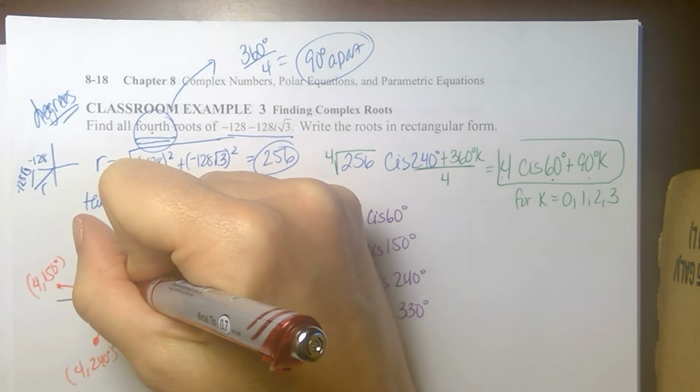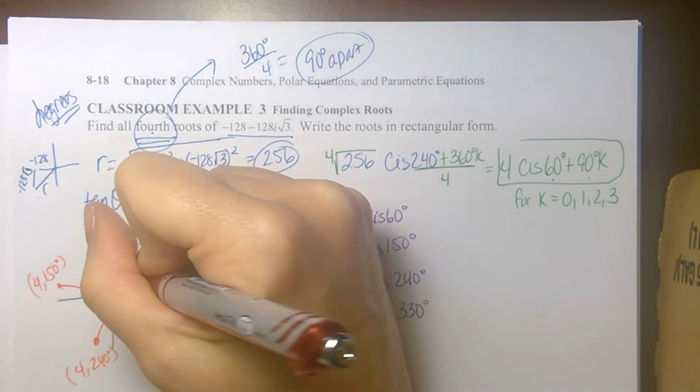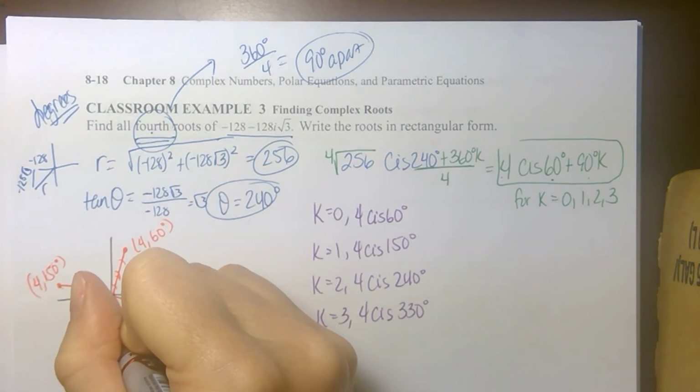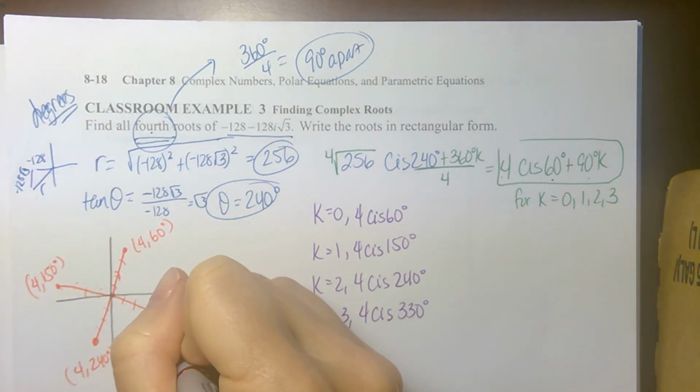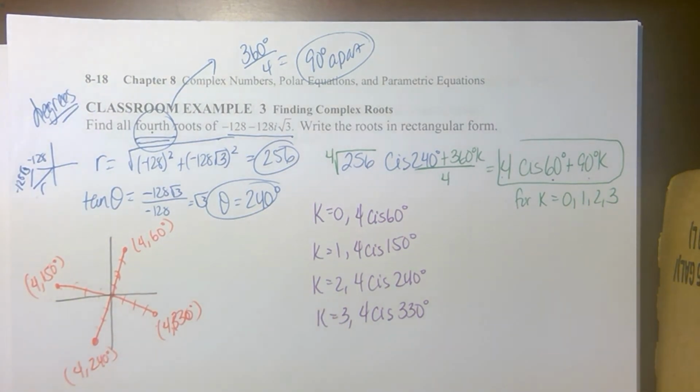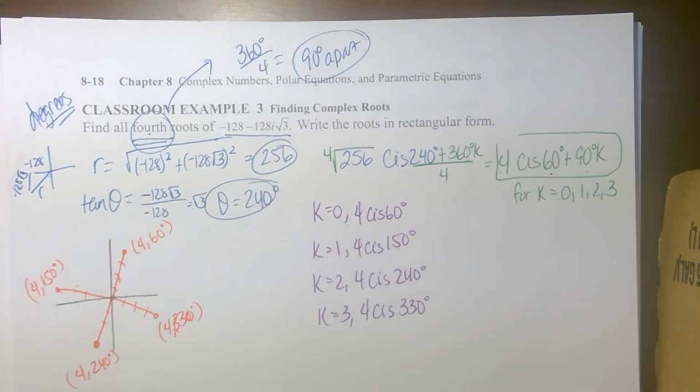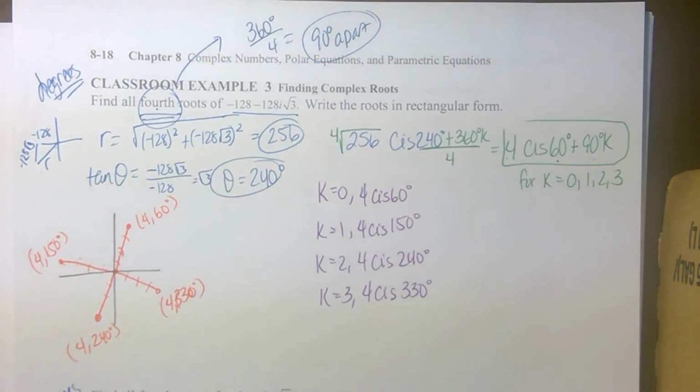And these are 4 units out, 4 units out, 4 units out, 4 units out. Okay, so that's what it looks like graphically if I were going to put it on the circle, graphing polar coordinates.